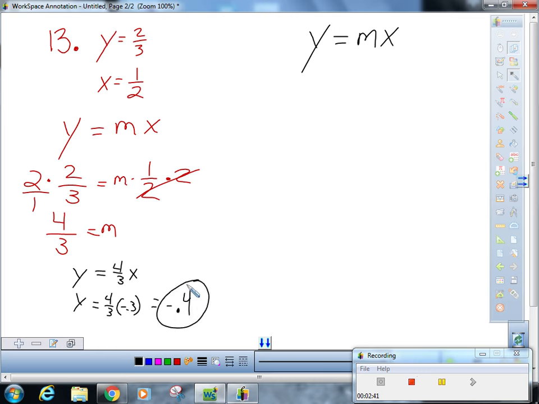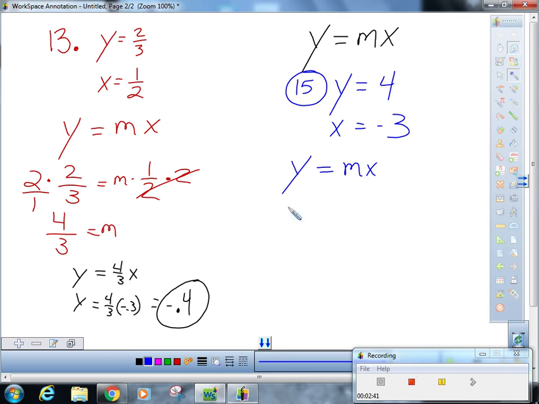Okay? So let's go over 15 now and just see if we understand it a little bit better. In 15, it says y is 4. Oh, good, this one's actually easier. Y is 4 and x is negative 3. I believe that's right. Okay, so once again, since this is direct variation, you know that the equation is simply y equals mx.